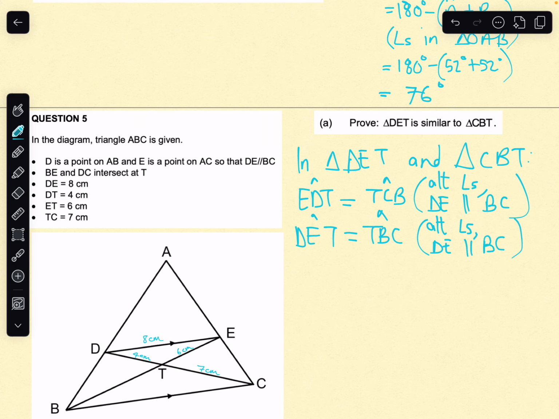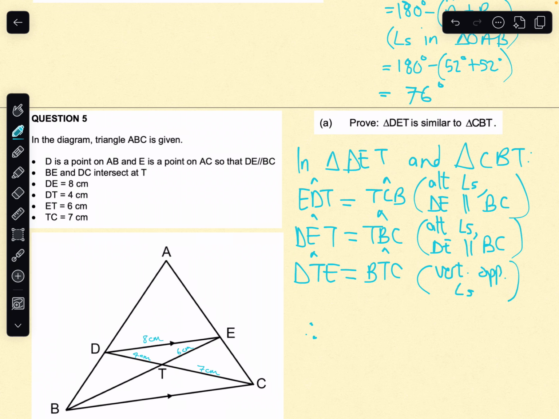And then finally, this angle, we have to start on the other triangle. Angle DTE is equal to angle BTC. And you could just say third angle for that, or vertically opposite angles is also a valid reason.